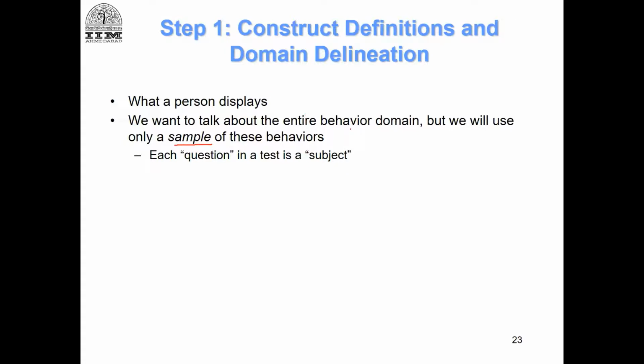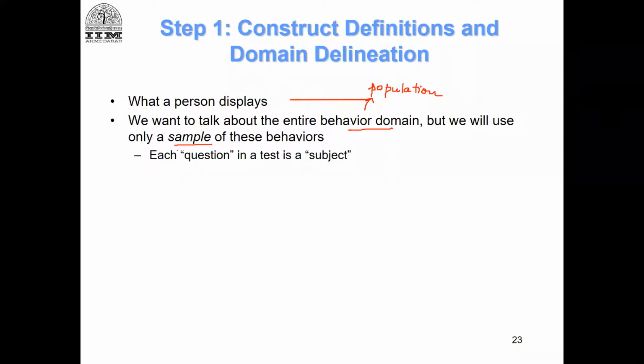So think about this behavior domain here as the entire population. This is our entire population, right? So the entire set of actions that a motivated person will do, the entire set of actions that a committed person will do or an engaged person will do, that becomes our entire behavior domain.